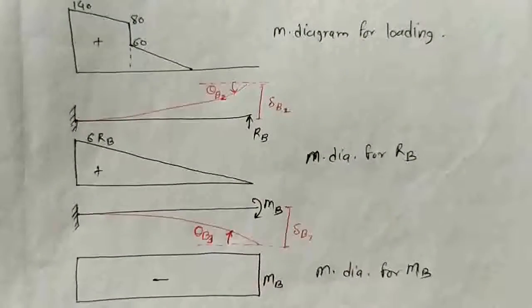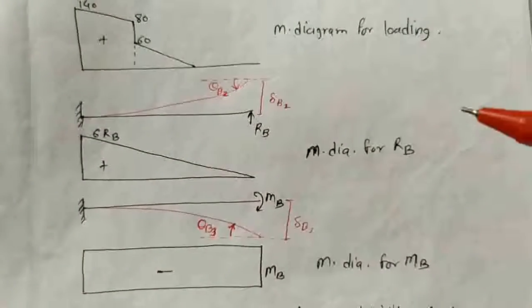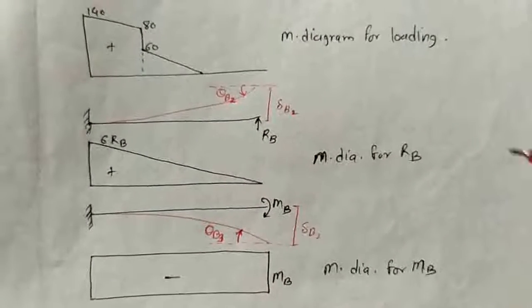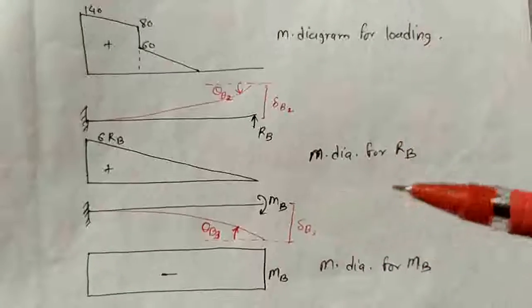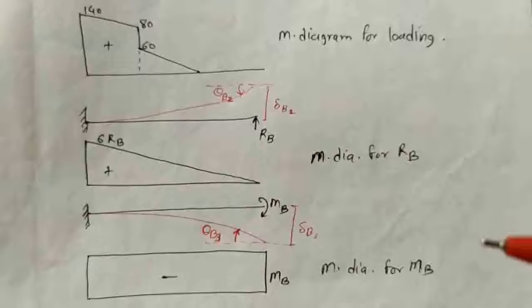Now here in this example, as HDI equals 2, there are 2 unknowns, RB and MB. We have applied the 2 unknowns RB and MB separately. RB is a force and MB is a moment.